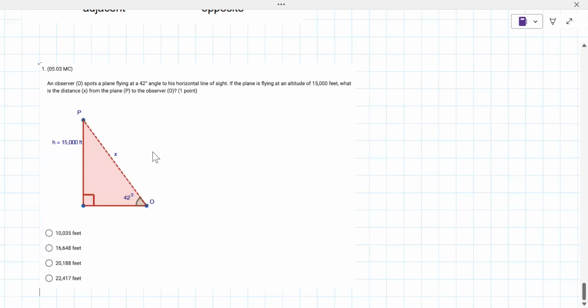All right. So this one you're trying to find x, and it's really no different than the ones we've been doing. You're going to use sine, cosine, and tangent.